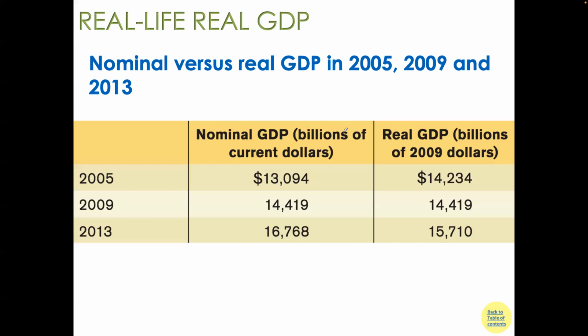And you reverse it, because usually 2009 is the base year, and in 2005, nominal GDP is lower than real GDP, which means the price level in 2005 is lower compared with 2009. But overall, if you look at the long history, usually the price level is growing.